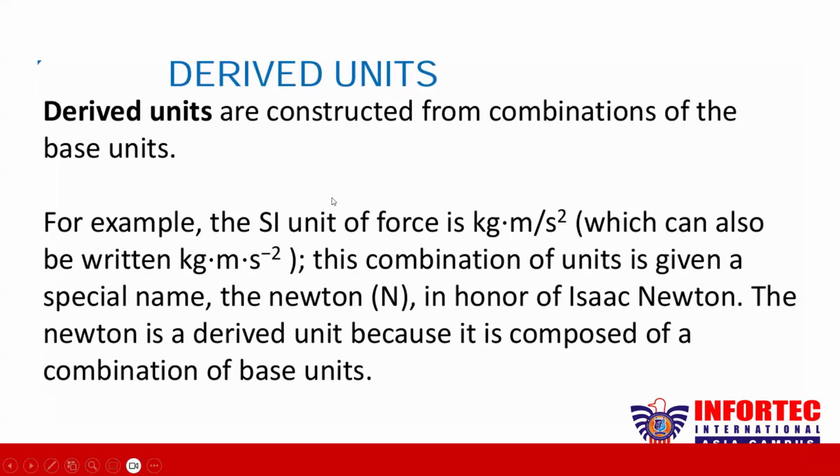Then derived units are constructed from combinations of the base units. From the basic units, we can take combinations of the units, right? For example, the SI unit of force.